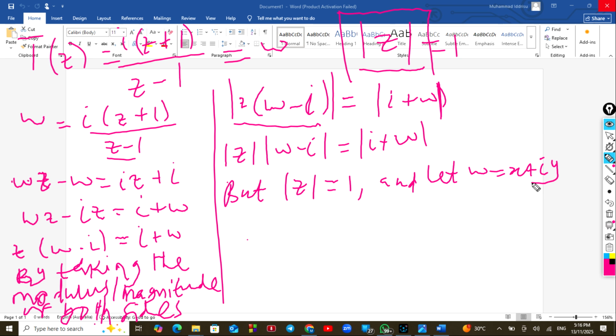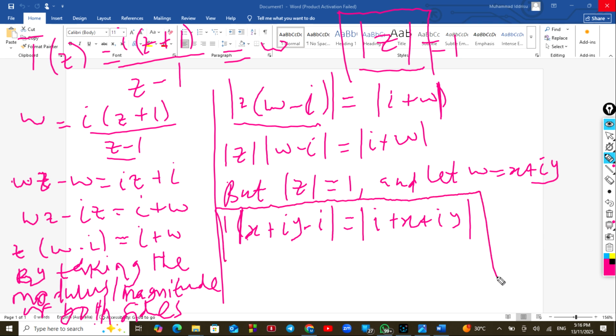So here we'll have 1 multiplying the magnitude of x plus iy minus i, is equal to the magnitude of i plus w, where w is now x plus iy. Let me pause here and then explain this.